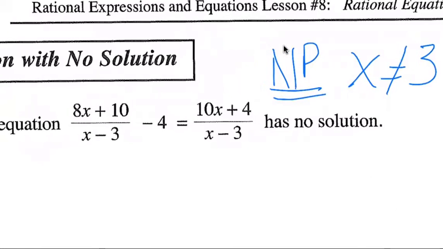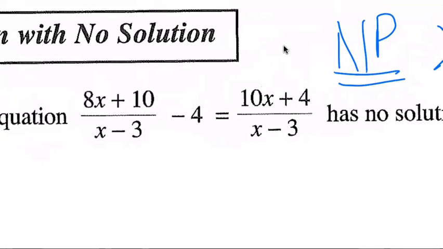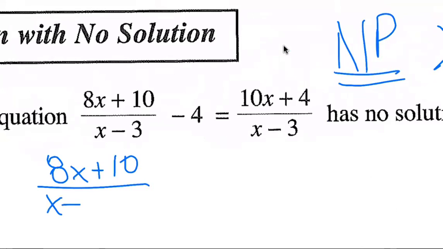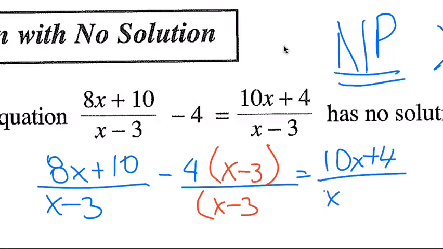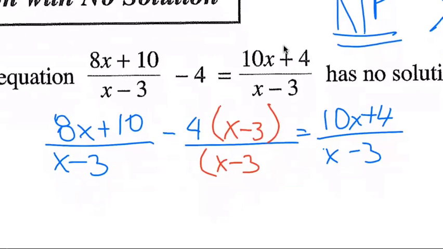My common denominator is x minus 3, so this should be nice and easy. 8x plus 10 on x minus 3 minus 4, and I want that on x minus 3, so I have to multiply by x minus 3, and then equals 10x plus 4 all over x minus 3, all on the same denominator. Those will disappear.